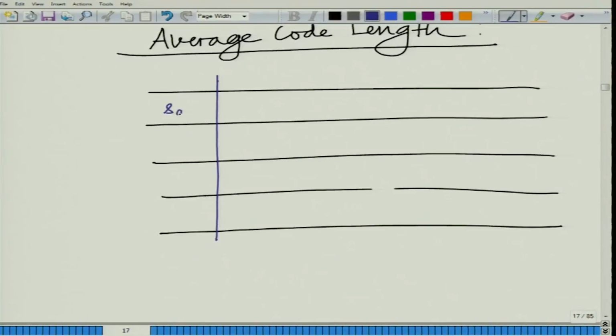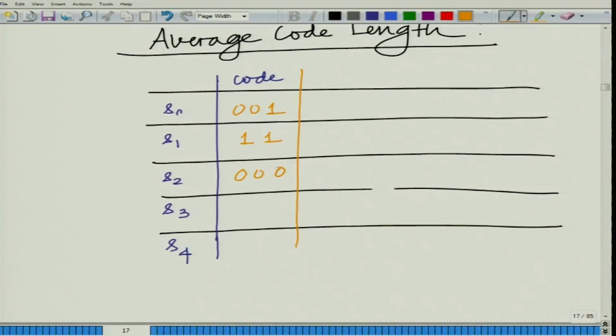This is your symbol S0, S1, S2, S3, S4, and the corresponding code: S0 is 001, S1 is 11, S2 is 000, S3 is 01, and S4 is 10.